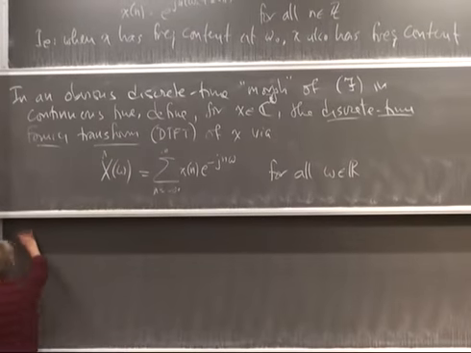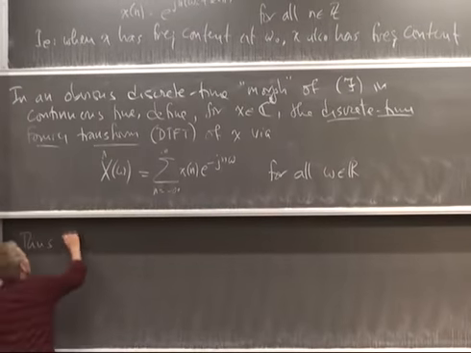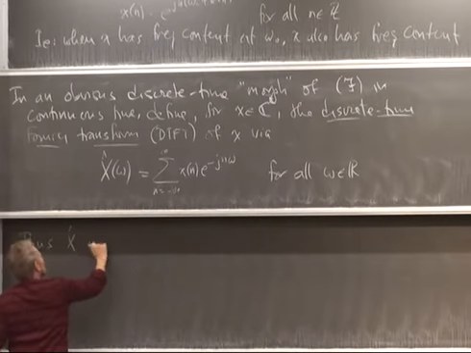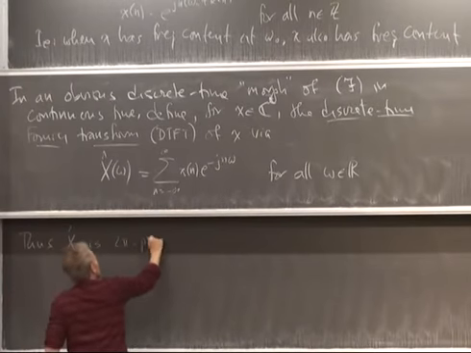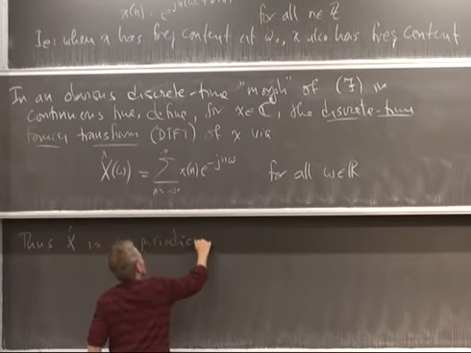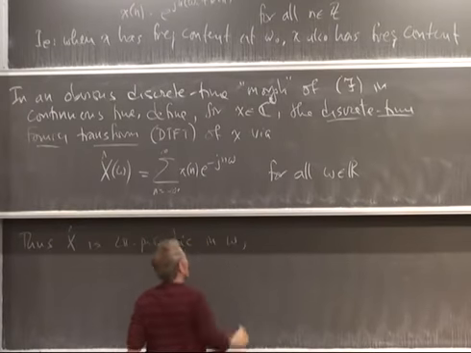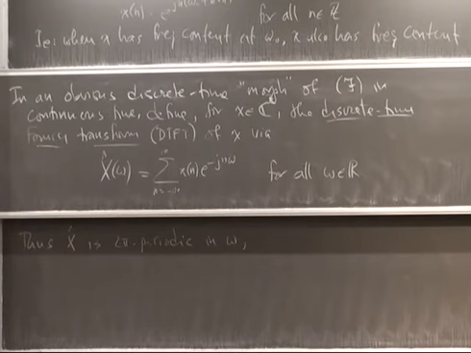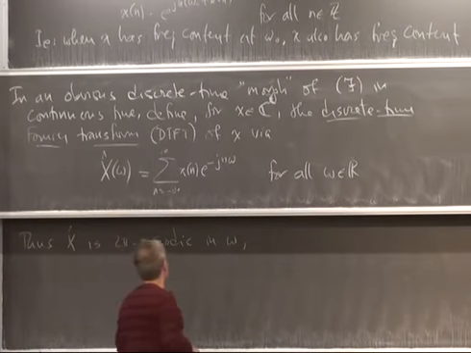So thus, x hat is 2 pi periodic, has 2 pi as a period in omega, and if x hat indeed is going to represent the frequency content of the signal x, then the frequency content of the signal x, as we expected or at least wouldn't be surprised by, is 2 pi periodic.